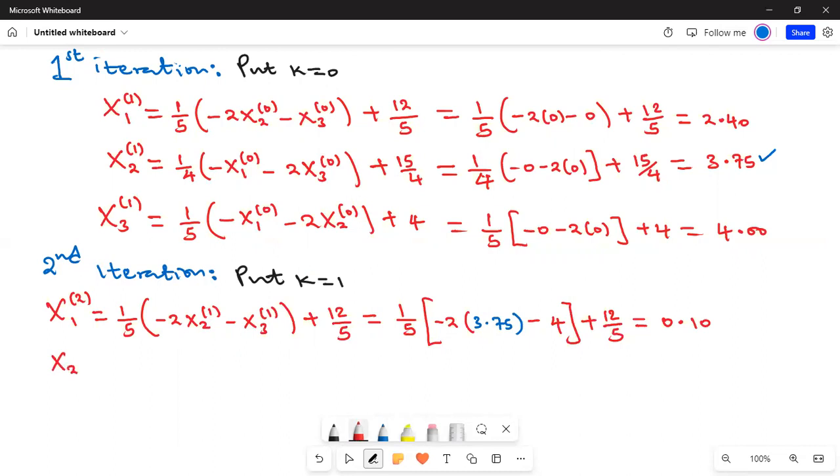Second equation, x2 at level 2. That's 1 over 4 negative x1 at level 1 minus 2x3 at level 1 plus 15 over 4.